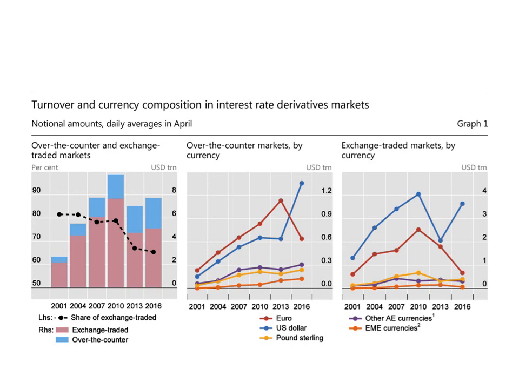You can see the value of exchange traded compared with the value of over-the-counter. This is only about the interest rate derivatives. And here the over-the-counter market by currency, or exchange traded market by currency, in US dollars.